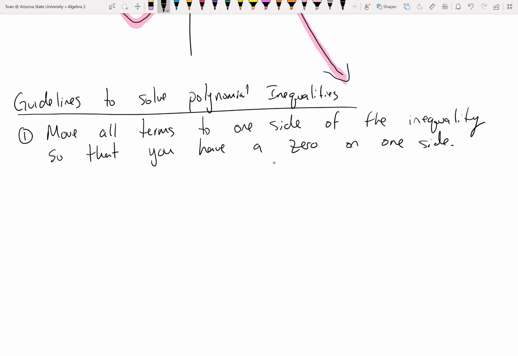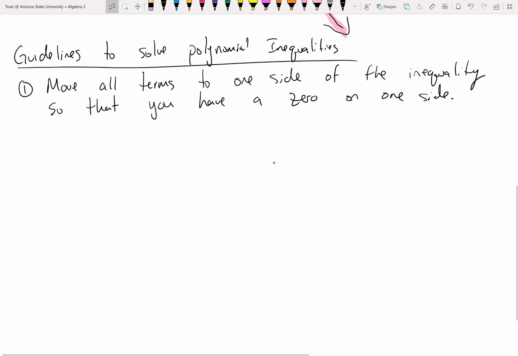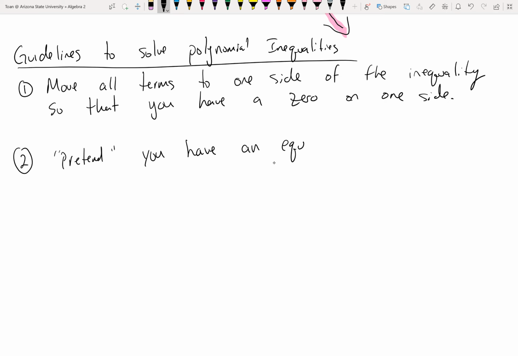Okay. So you want one side of your problem to be a 0. Once that's true, you're going to pretend you have an equation. So pretend you're not solving an inequality, but pretend you're solving an equation and solve.